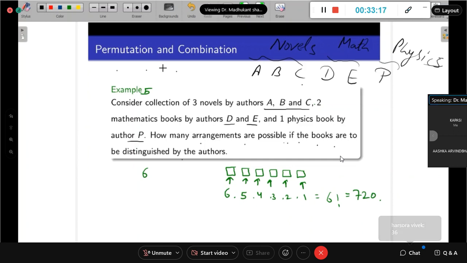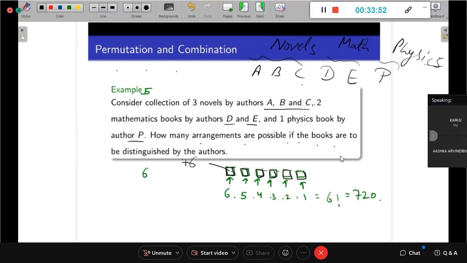So you have a total of 6 places: 1, 2, 3, 4, 5, 6 places need to be filled in a shelf, you can say. Now the first place can be any one of the authors, A, B, C, D, E. So the first place has 6 choices.